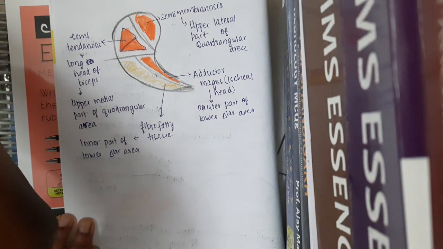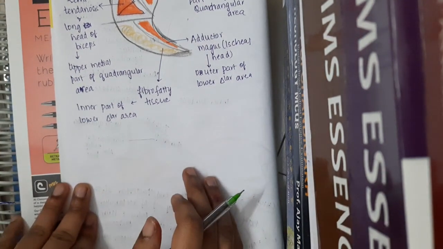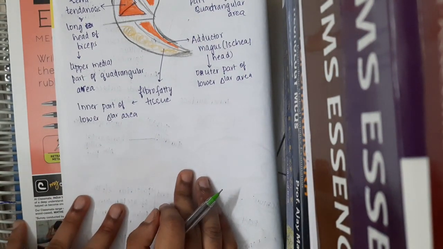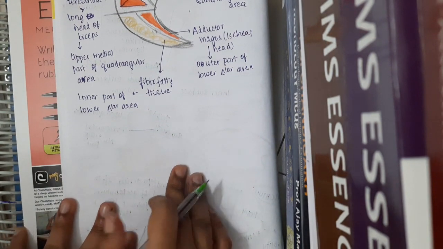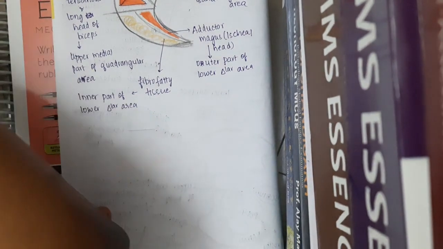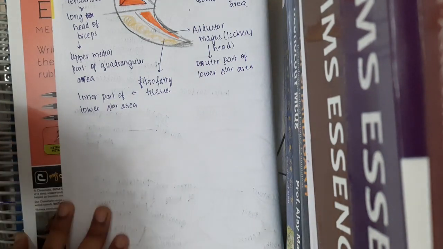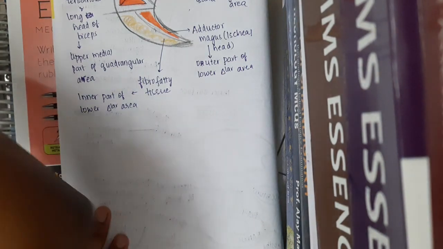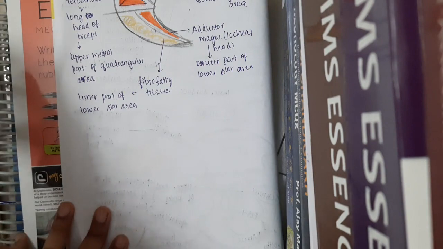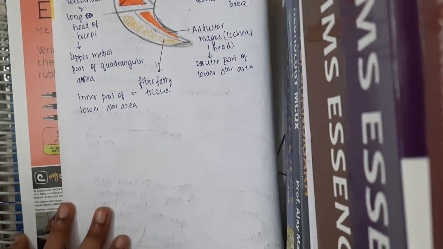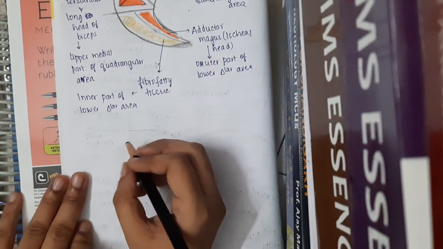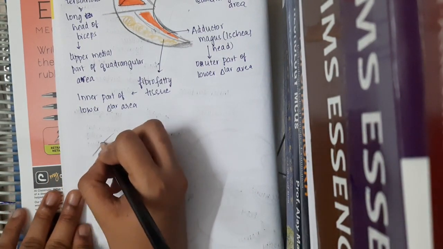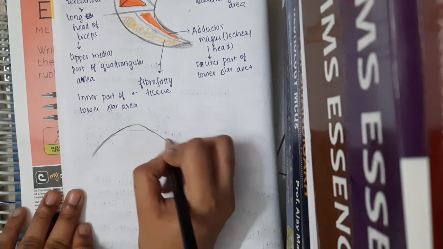Now, once we have learned about the ischial tuberosity, we will have to see the borders of the ischium. So let me draw this again. I'll draw the inner surface.